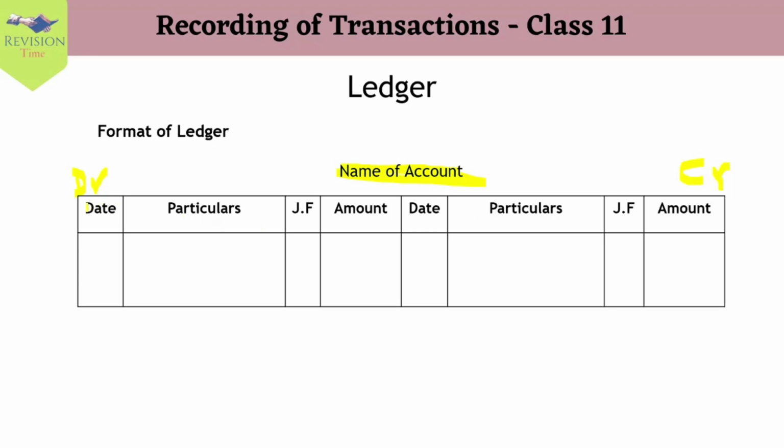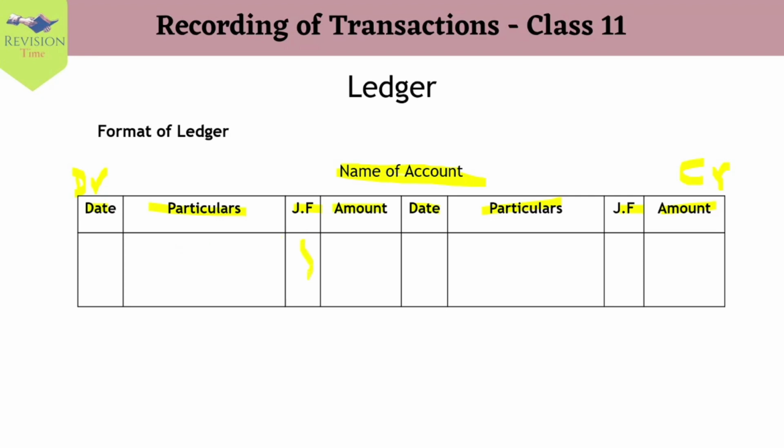On the debit side we have date, particulars, journal folio, amount, and the same on the credit side, that is the RHS: date, particulars, journal folio and amount. Date is to maintain the date of the transaction, and particulars is to note down the account which is to be debited or credited.